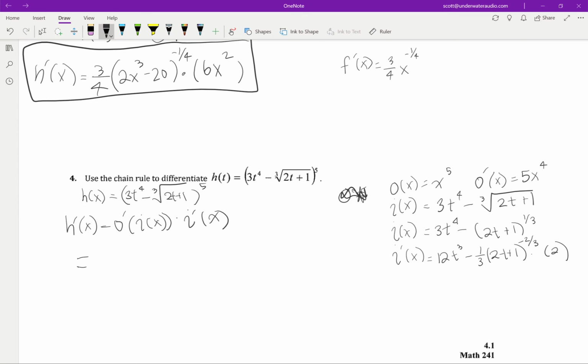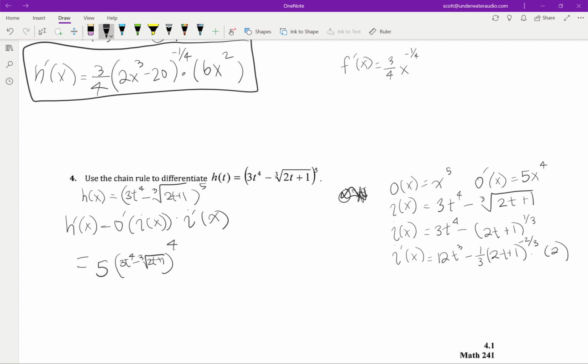The derivative of the outside is 5 times I of x to the 4th. I of x, let's see, is 3t to the 4th minus the cube root of 2t plus 1.